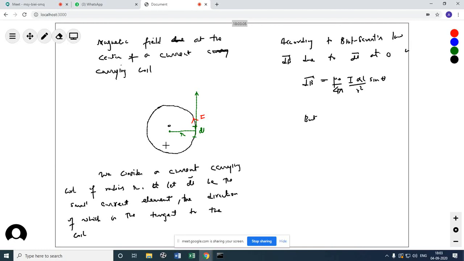Let dl be the small current element, and the direction of which is the tangent to the coil, right?